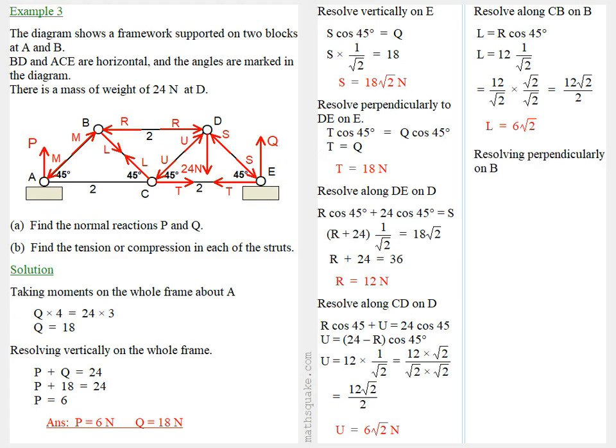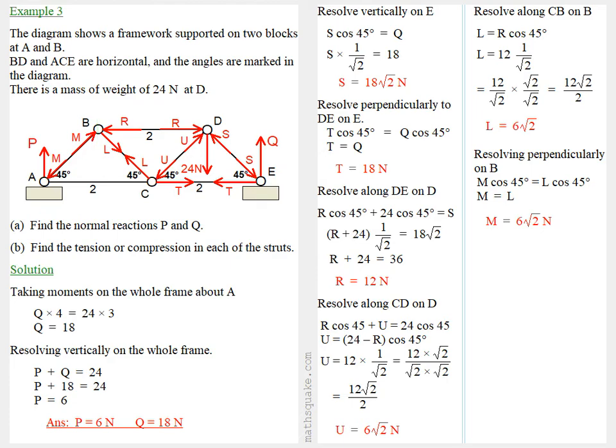Resolving perpendicularly on B, we have M cos 45 equals L cos 45, which means M is equal to L, or M is equal to 6 root 2 newtons.